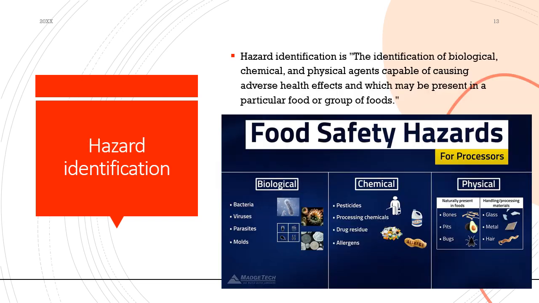Hazard identification is the identification of biological, chemical, or physical agents capable of causing an adverse health effect, which may be present in a particular food or group of foods. This is the principle of toxicology.